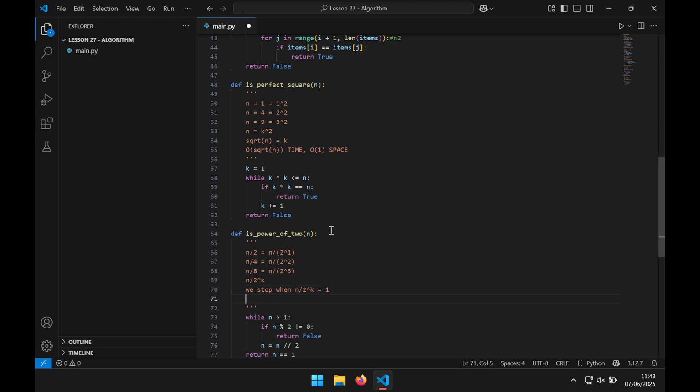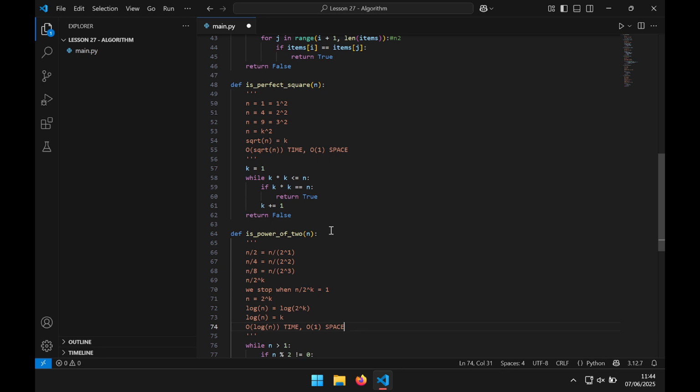So n equals 2 raised to k, which means log of n equals log of 2 raised to k, which is log of n in base 2 equal to k, which means big O of log of n for the time complexity, and again big O of 1 for the space complexity.